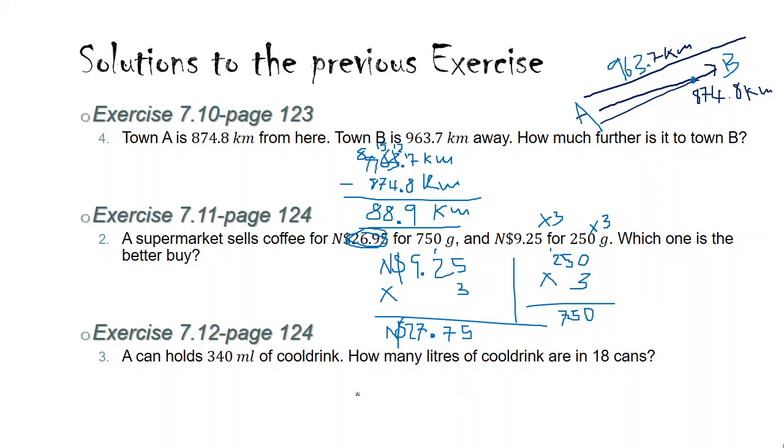So you have to multiply that. 1 can holds 340 milliliter. Now what about 18? You multiply that by 18.